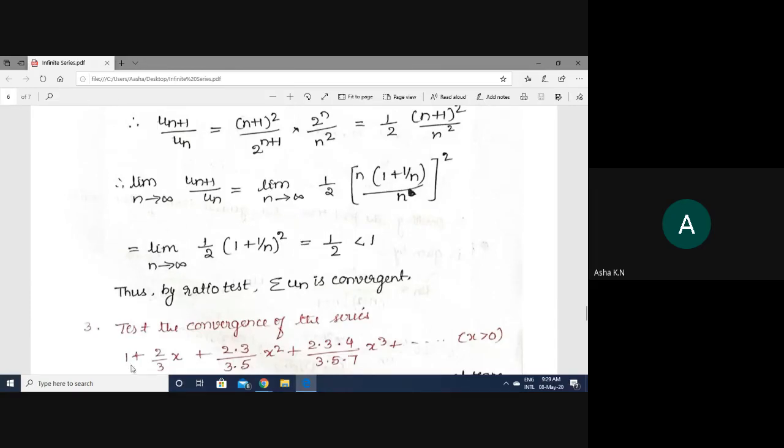So here we have 2 by 3 into x, 2 into 3 by 3 into 5 into x square, etc. We have terms like this. But in the first term, we don't have that 2 by 3. Either we can take it as 2 by 3 whole power 0, or it is better to leave it. If we leave it, it will be a proper series because it will be easy to write the nth term.